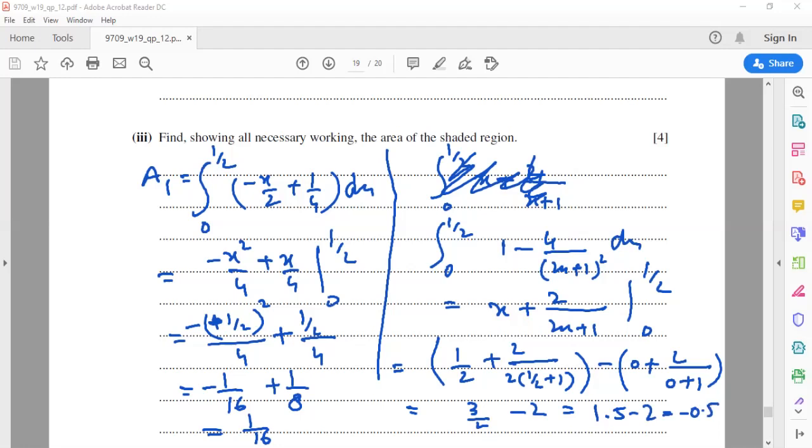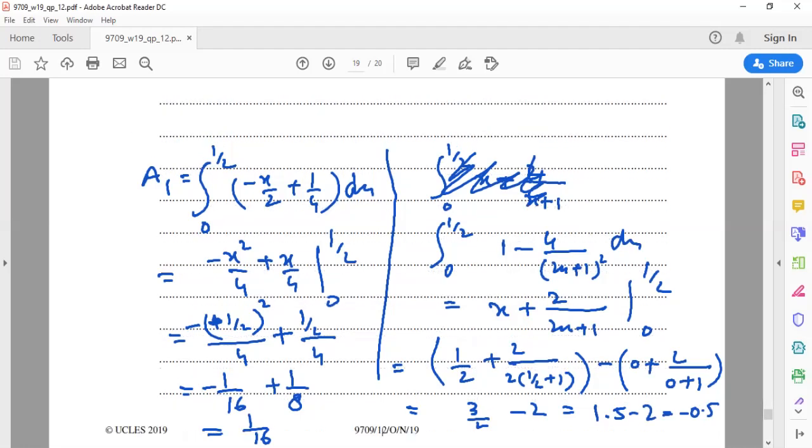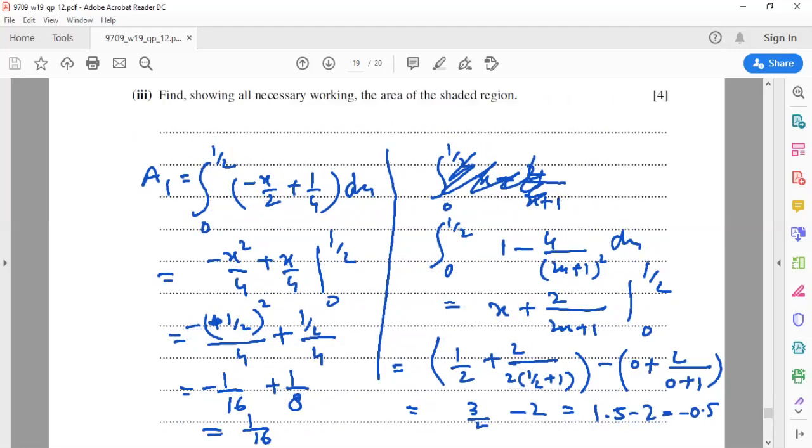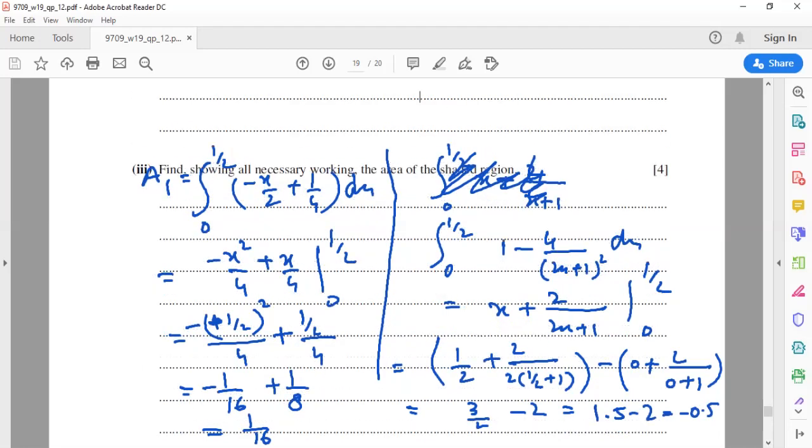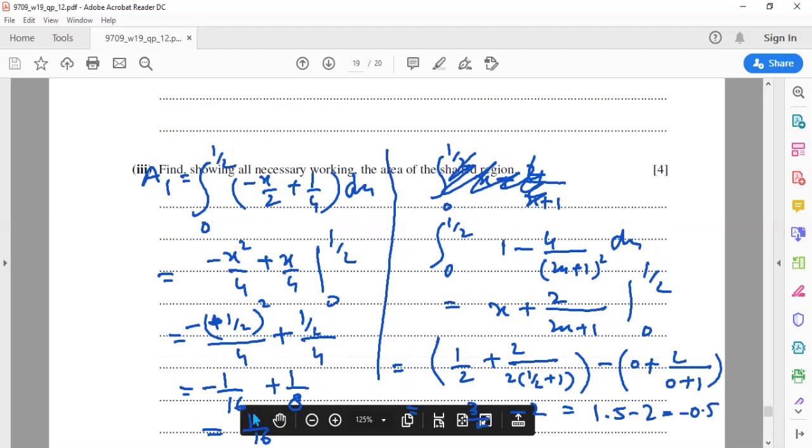Now we will add both of them. No matter its sign is negative, it is just showing that this is below the x-axis, nothing else. Okay, let's add both of them to find the total area.